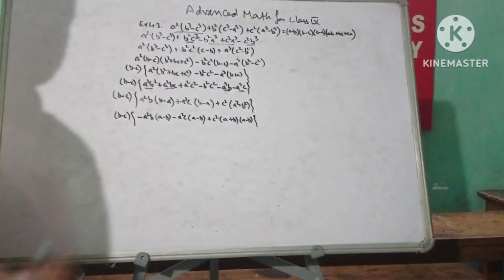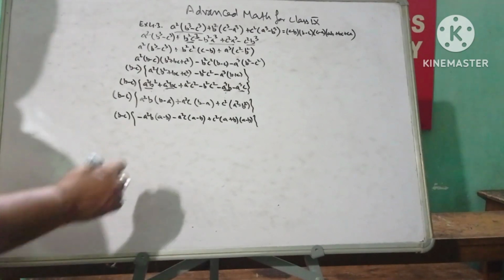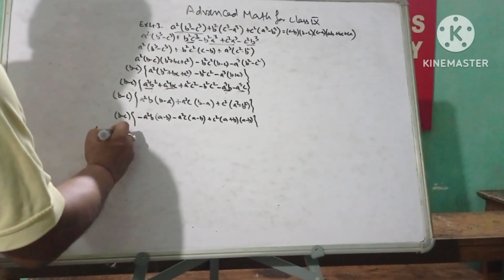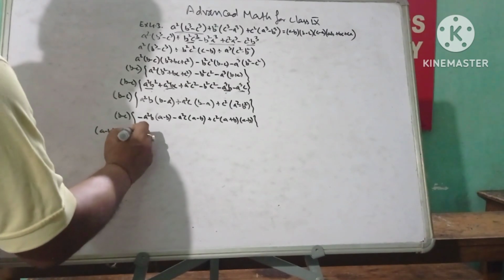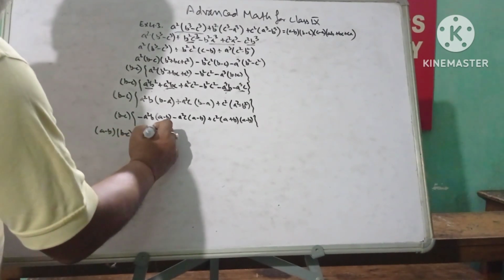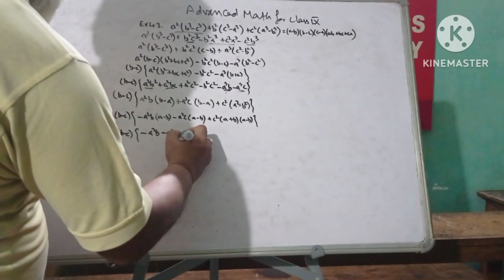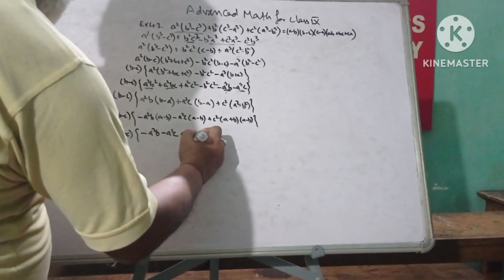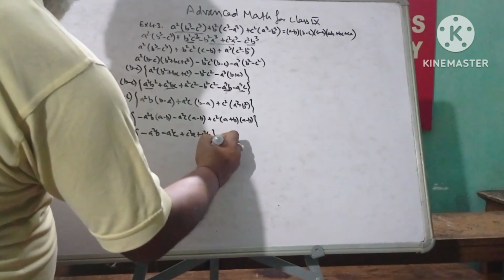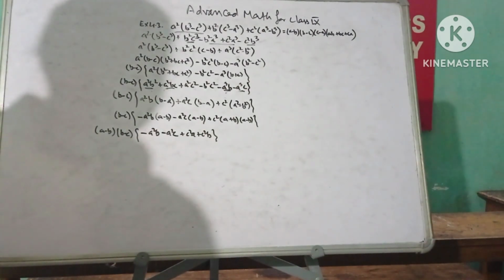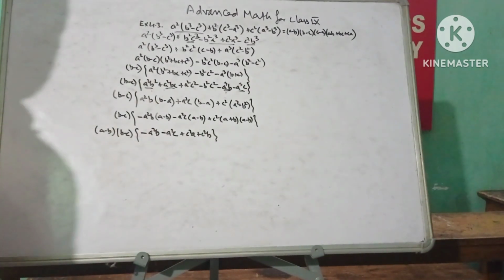So I am now going to take a minus b as the common. If you take a minus b common, so it will be a minus b, b minus c, and your remaining terms is a square b minus a square c, and here c square a plus c square b. So here you see total number of terms are the same.